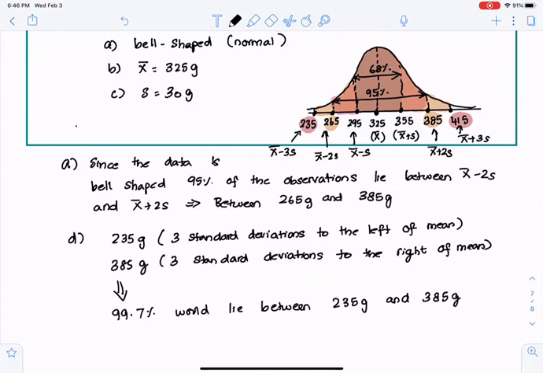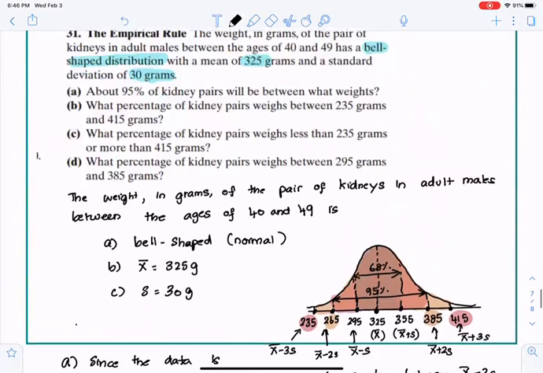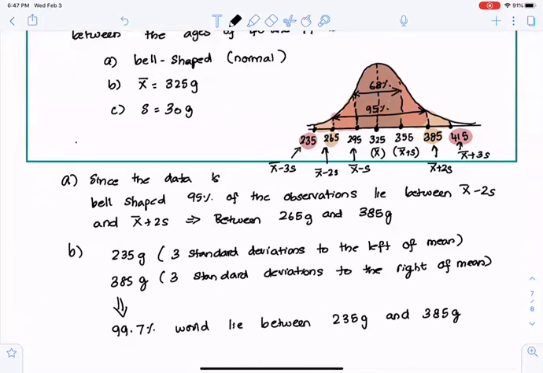So if I went around and picked adult males between the ages of 40 and 49, 99.7% of them would have a pair of kidneys that weigh between 235 and 415 grams, because it's 3 standard deviations on either side. Explain how to do this.